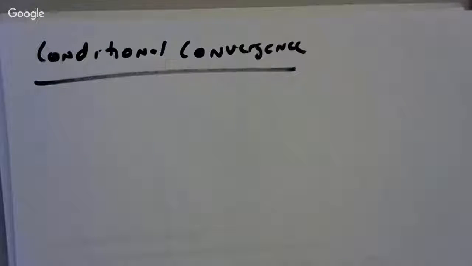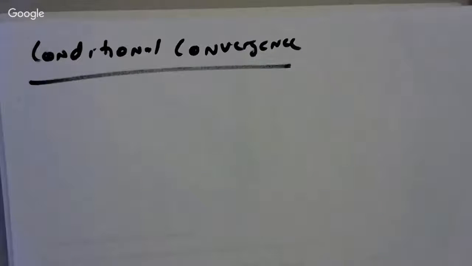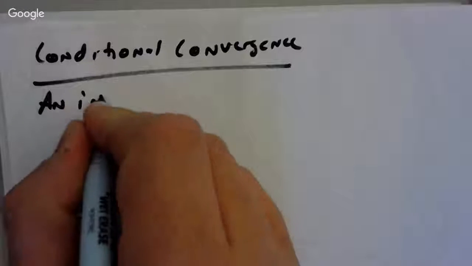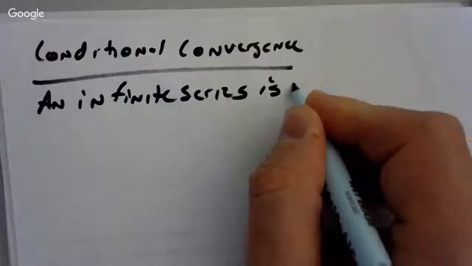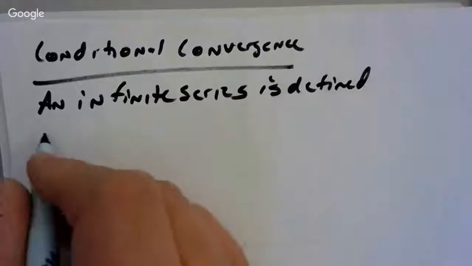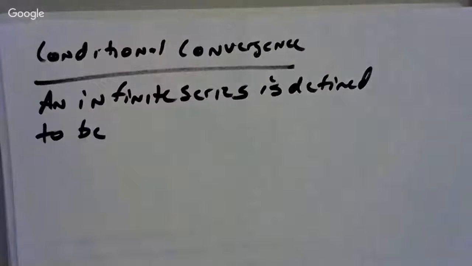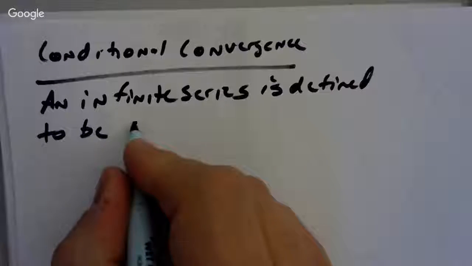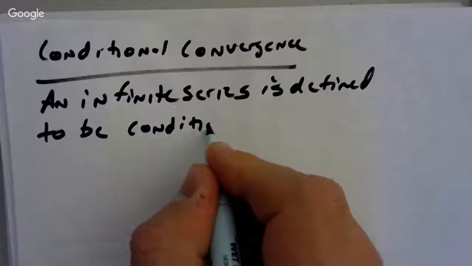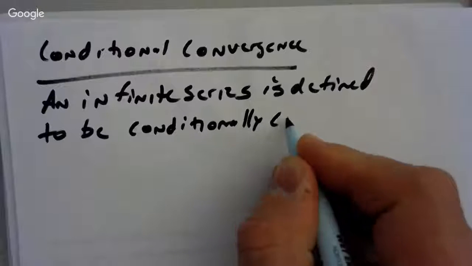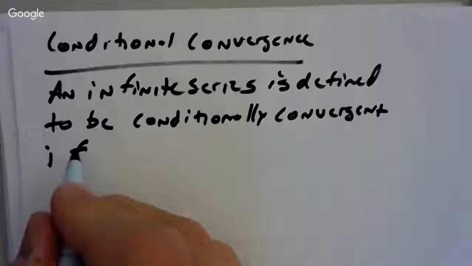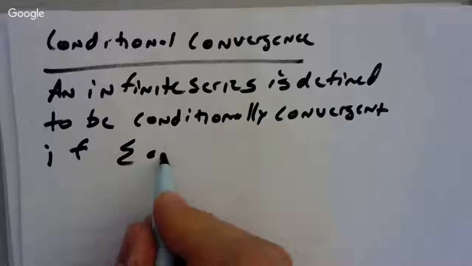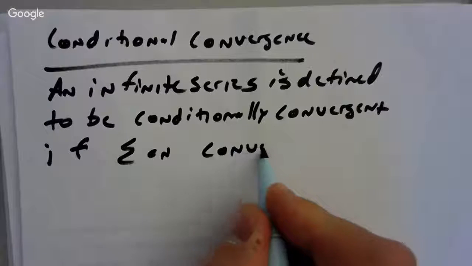So like if it's conditionally approved, you have some conditions you have to meet for it to converge. An infinite series is defined to be conditionally convergent if the sum of a_n converges.